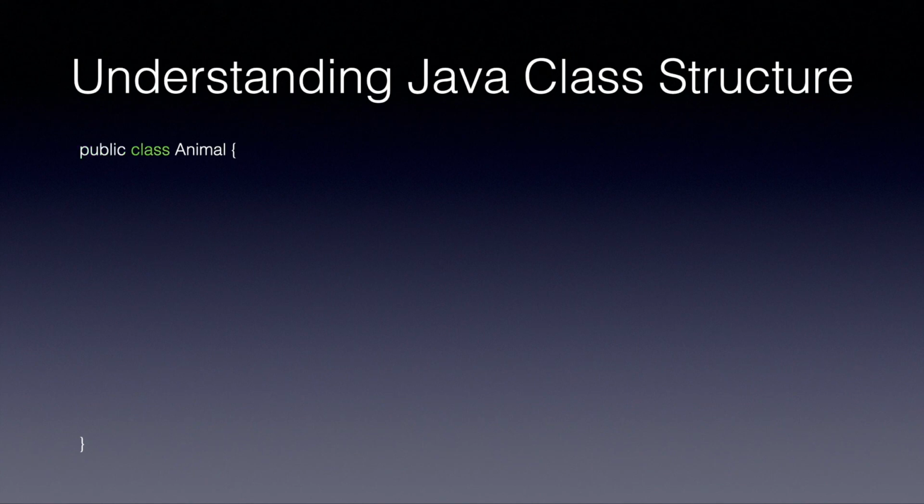The second keyword, class. Here we are telling Java that we are creating a class. And the third word, Animal, is the name of the class. This name can be anything of our choice.